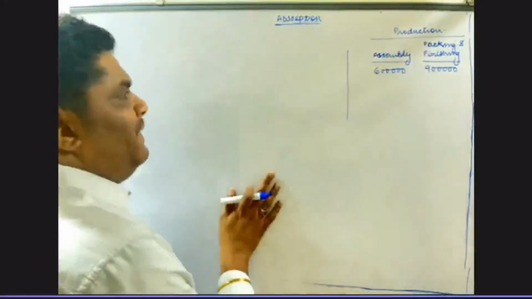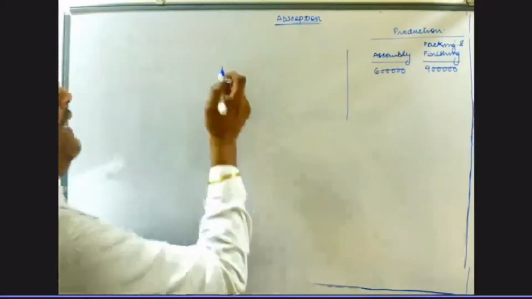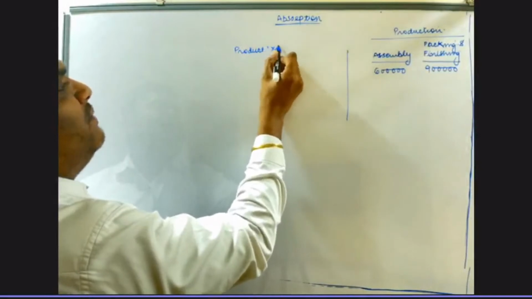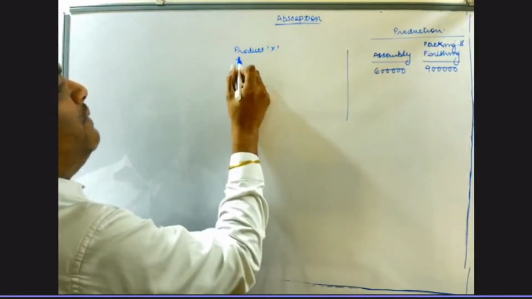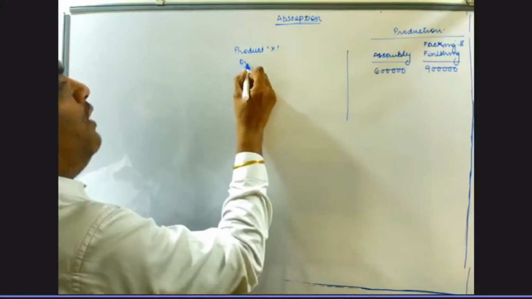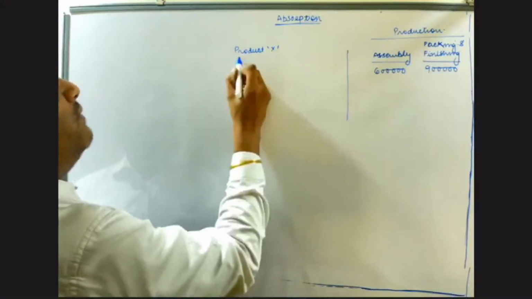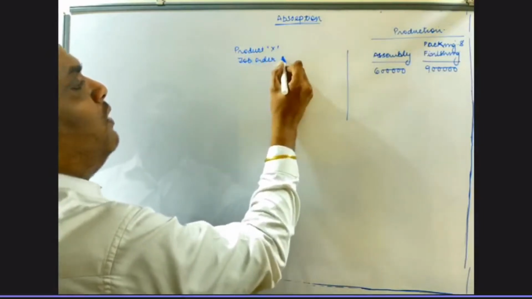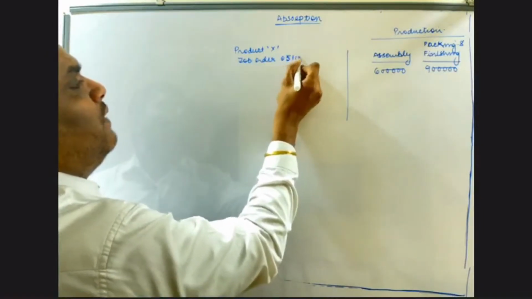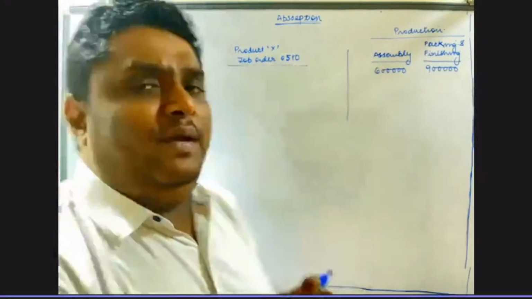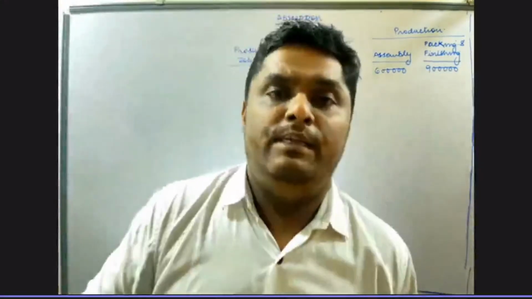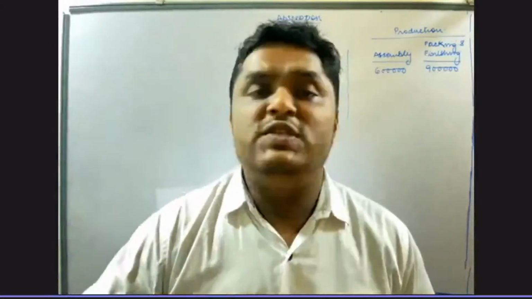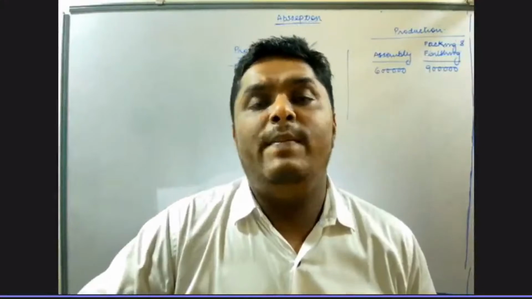Now let's say I have received an order of one of my products, product X, and the job order number is 0510. On a particular day, I have received this order.